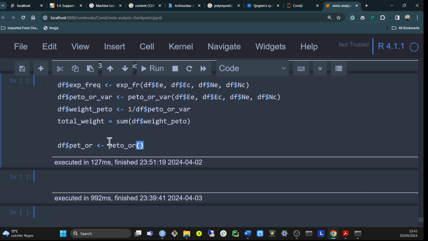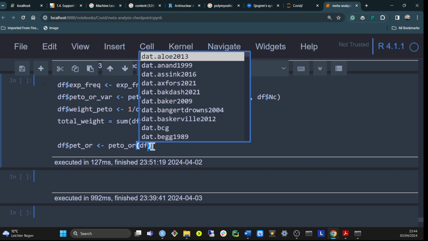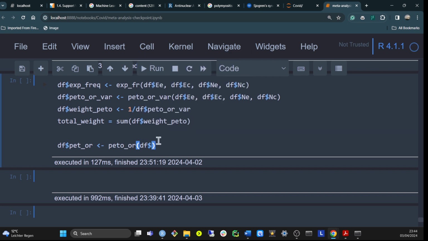That means 1 over the total weight. If you take that, you get the standard error, and then I simply take it in brackets so it doesn't get confusing. Now the next thing is I take this exponentiated form. So I close the bracket.